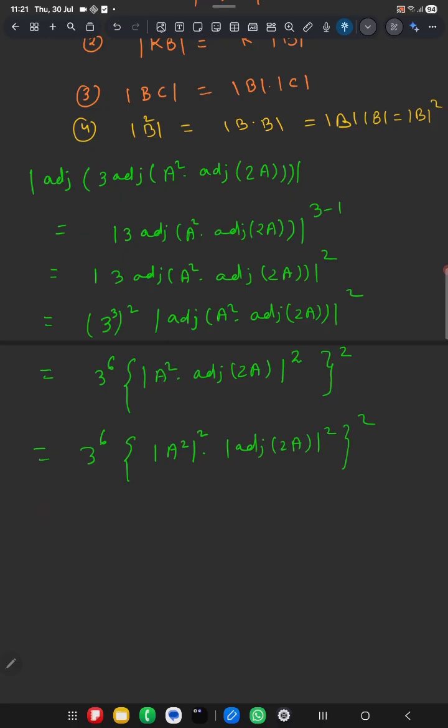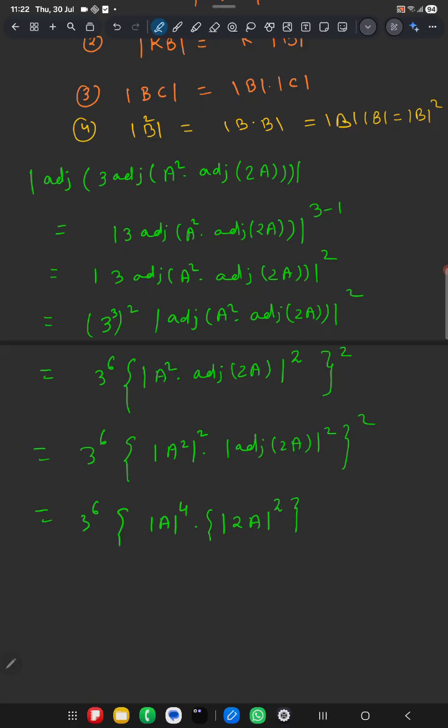So I will write 3 power 6 into determinant of A, and square means power 4, into determinant of adjoint of 2A. Again, property number 1 says that it will give you the determinant of 2A matrix, and its power will be 2, one more power for the original piece.